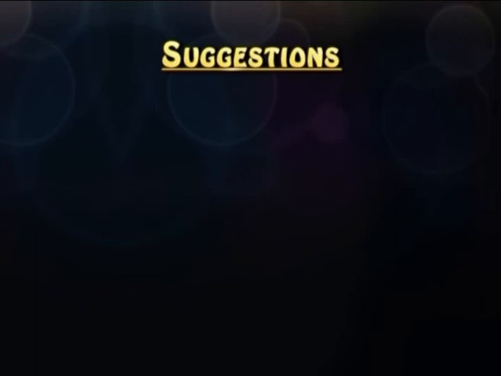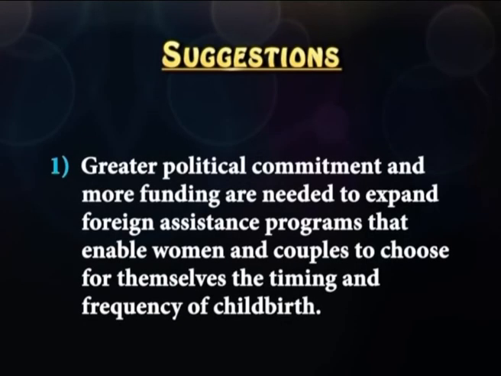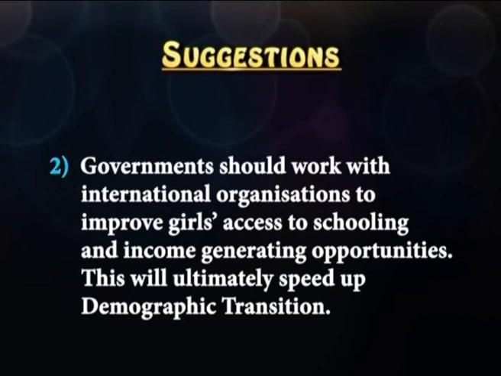Suggestions: greater political commitment and more funding are needed to expand foreign assistance programs to enable women and couples to choose for themselves the timing and frequency of childbirth. Governments should work with international organizations to improve girls' access to schooling and income generating opportunities.